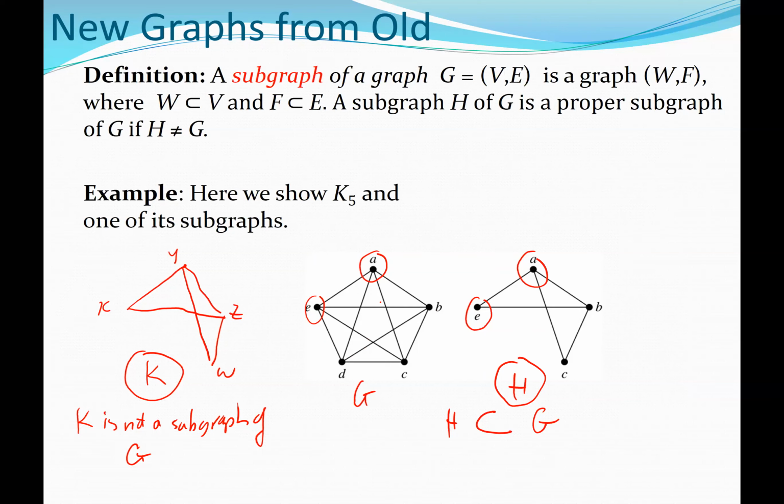So they have to maintain that position. X and Y are connected, but there's no X and Y in the graph G. So K is not a subgraph of G, even though it has a similar shape to the graph H. So watch out for those little details, okay?